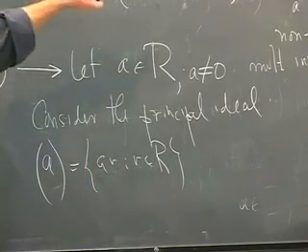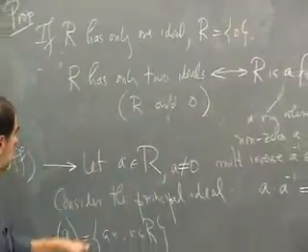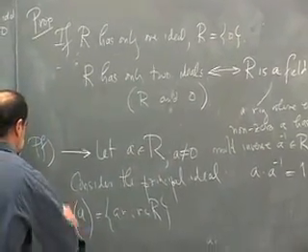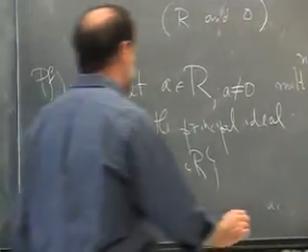If I have only 2 ideals, this is not the 0 ideal, so it has to be the entire ring.